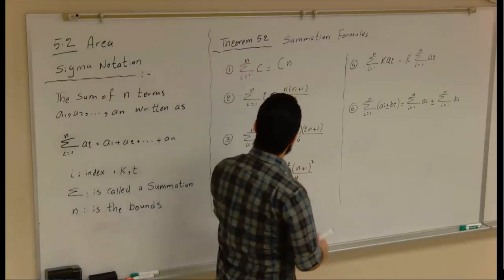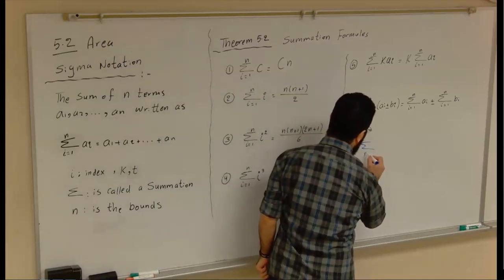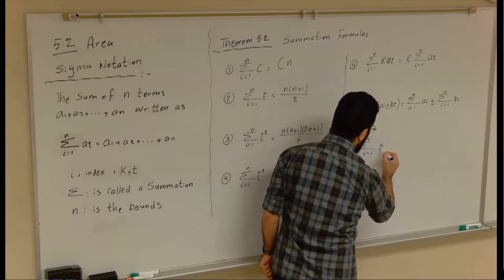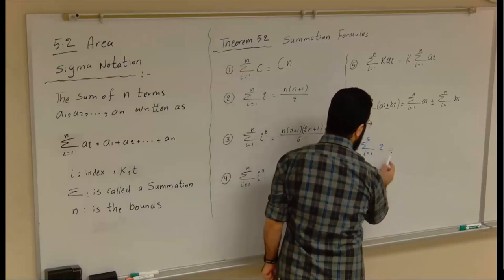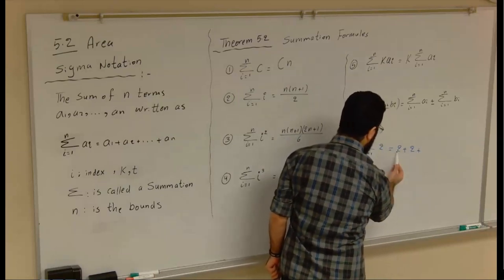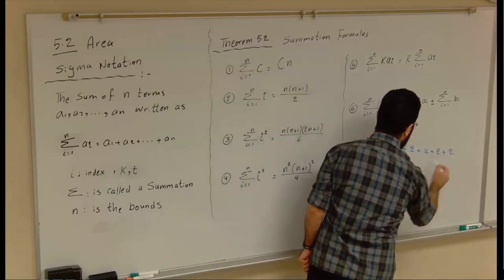For example, if you want to find summation from i equal 1 to 5 of 2, that means the number 2, how many times? 1, 2, 3, 4, and 5.